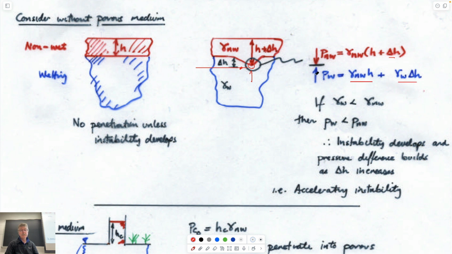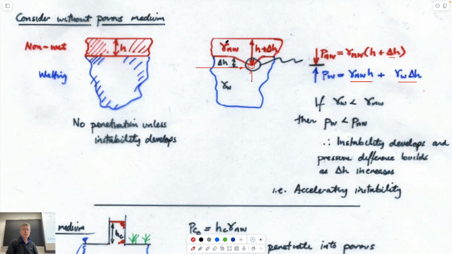And this is the pressure that's acting upwards. And if this pressure is larger than the red pressure, it will re-establish the equilibrium. If the pressure acting downwards is larger than the blue pressure acting upwards, then this little blip will tend to grow, and it'll be like a lava lamp, and it will move down.